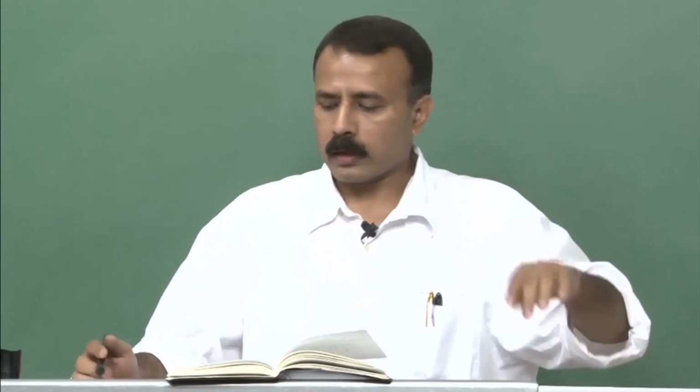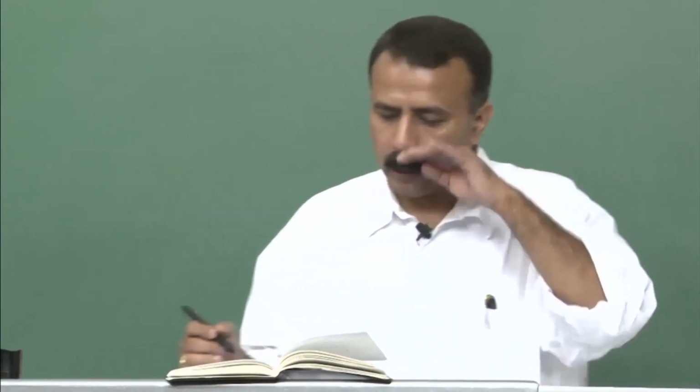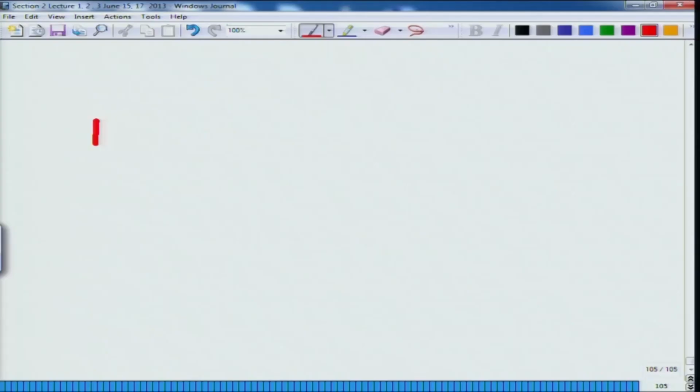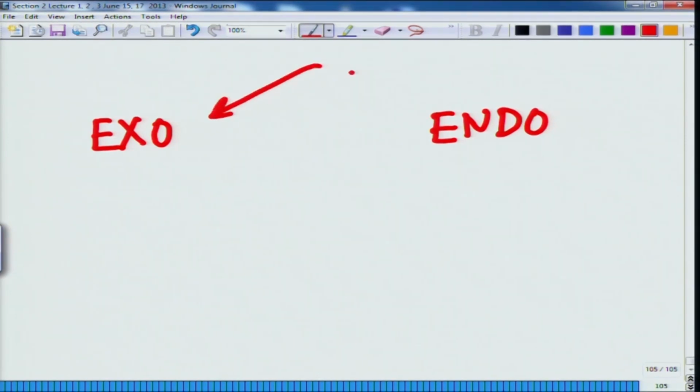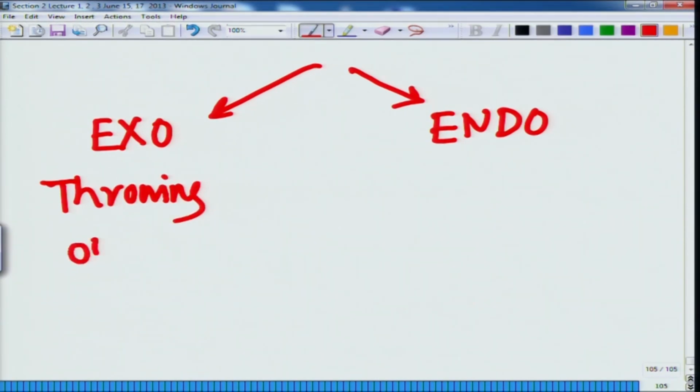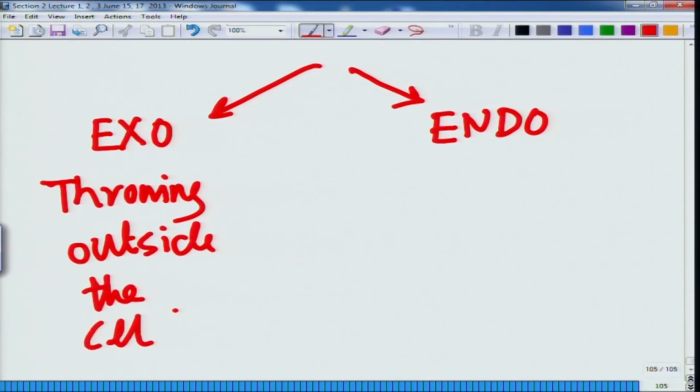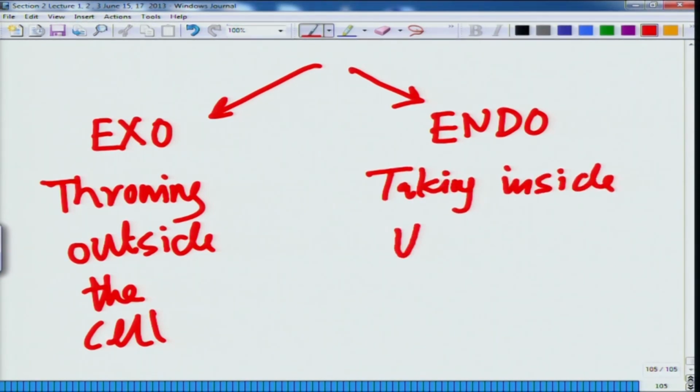So, I expect that people should be very clear about these two words, exo and endocytosis. Throwing outside the cell, taking inside the cell. This is exceptionally important.